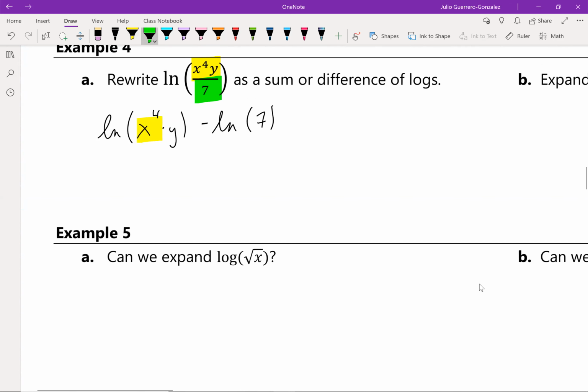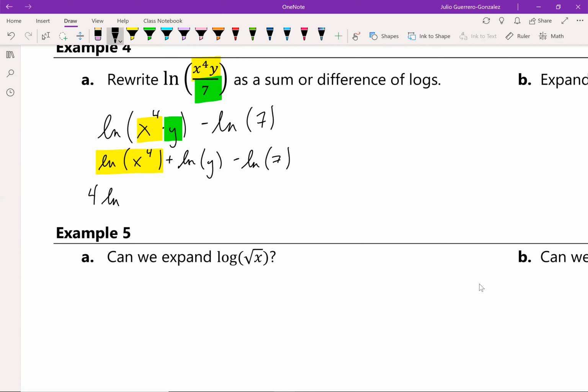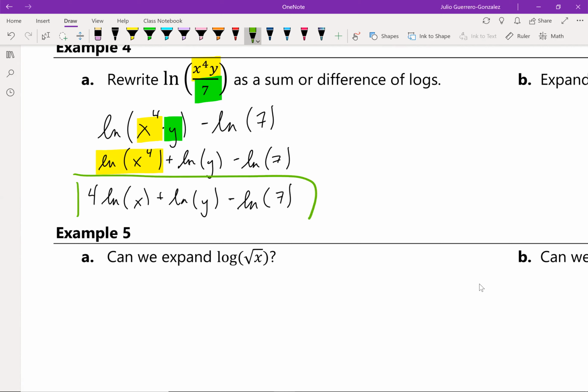There's a multiplication here. ln of x to the 4th plus ln of y, minus ln of 7. And now we have the new handy dandy rule here. 4 ln of x plus ln of y minus ln 7. Final answer.